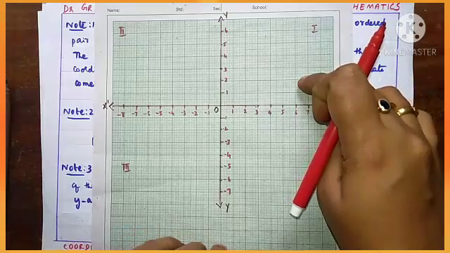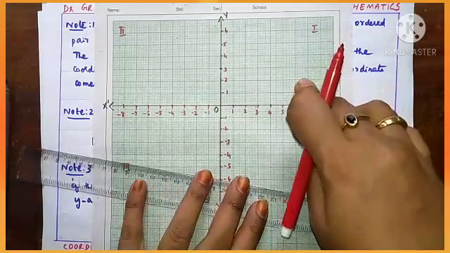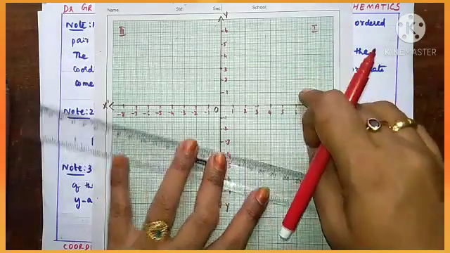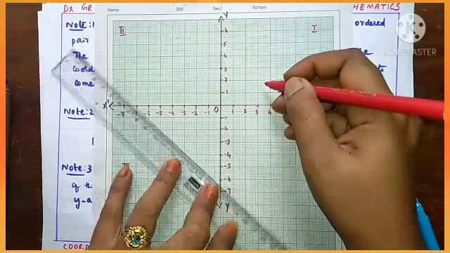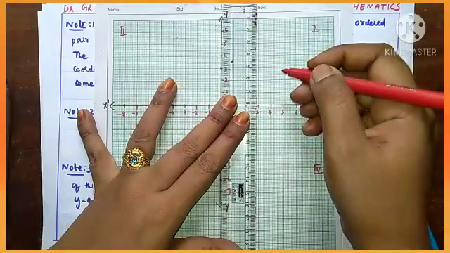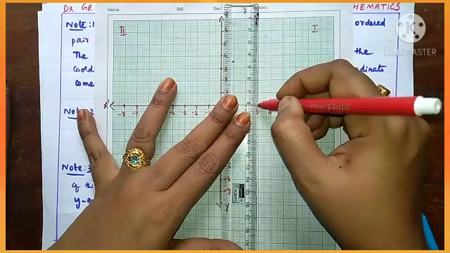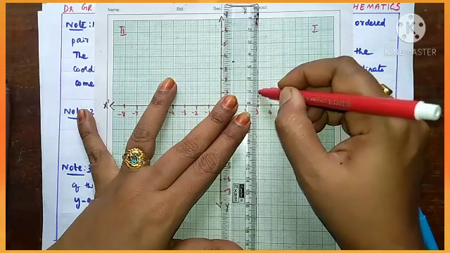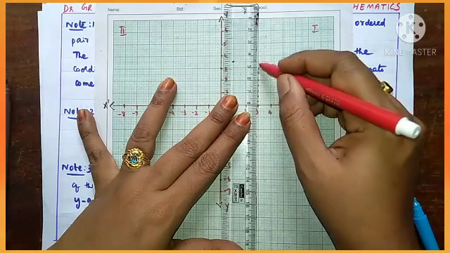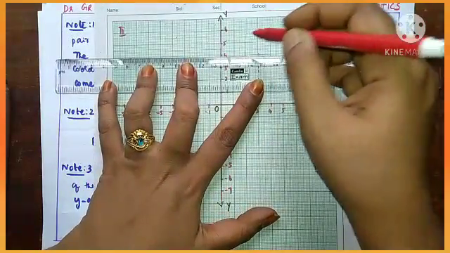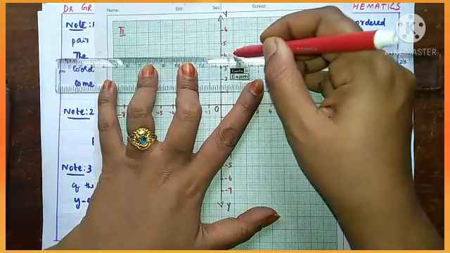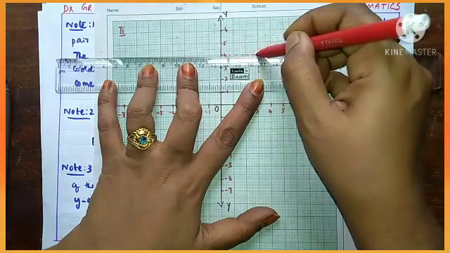And where is the position? We already studied how to take the position. The position of the point is the meeting place of the 2 lines, x equal to 3 and y equal to 4.